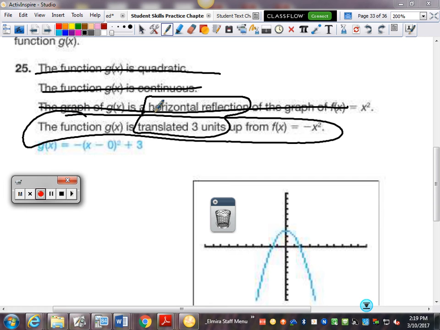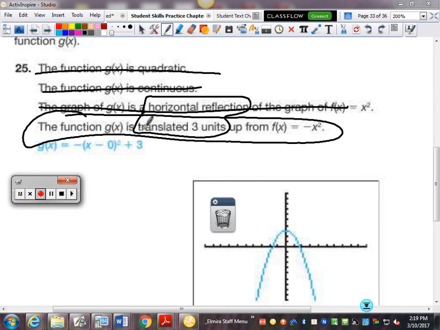Then it tells you it is doing a horizontal reflection of the graph of f of x squared. And so it tells you horizontal and reflection. And the very last clue is really the only one you're going to pay attention to.